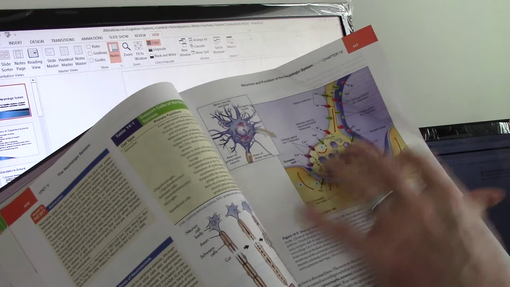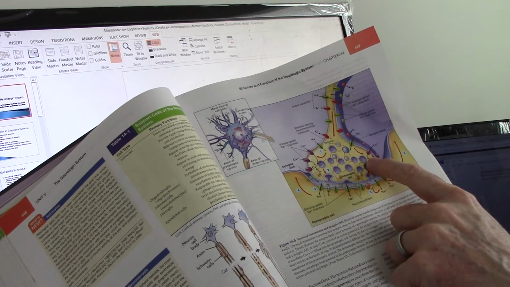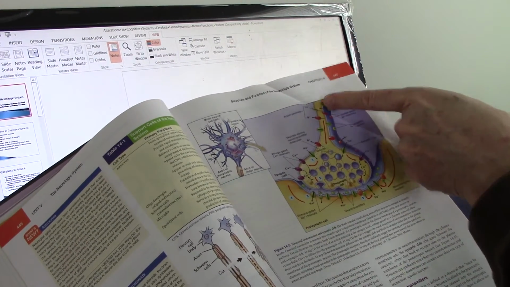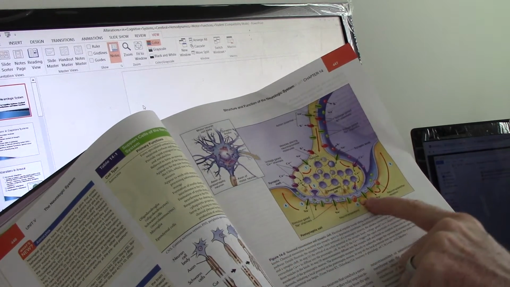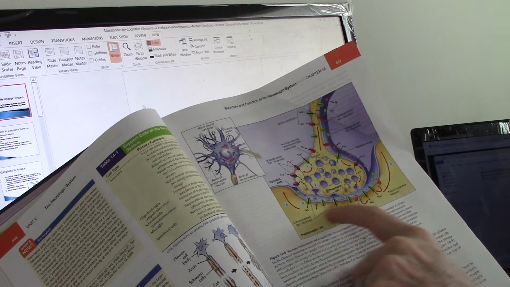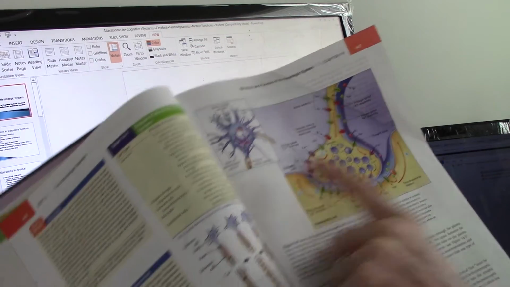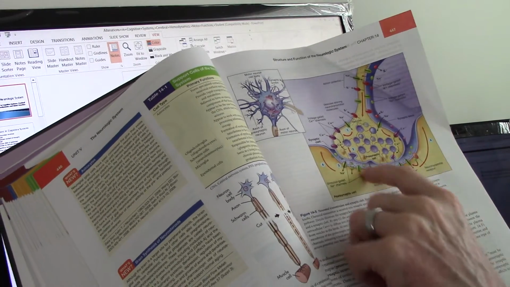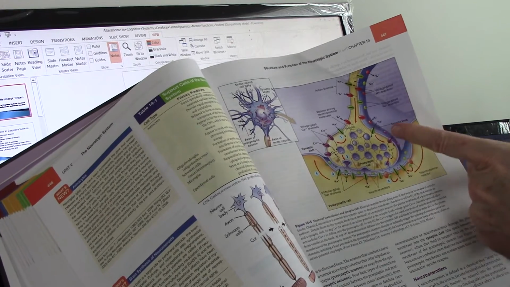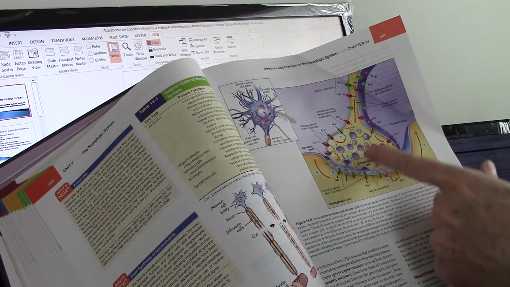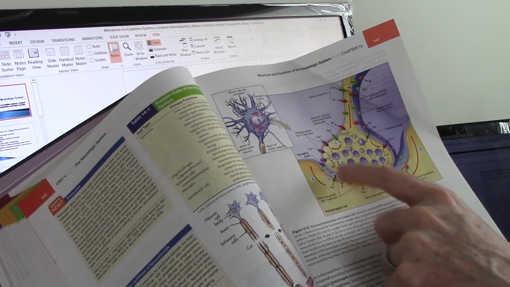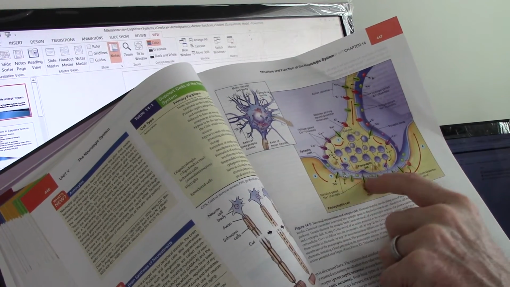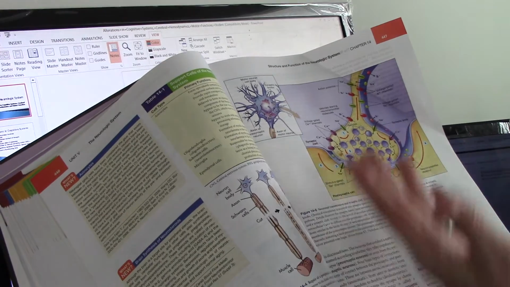Now here's a really great model. It goes into a little bit of detail, but it shows you, again, here's the axon, there's the terminal, and in this case here is a muscle, okay? This shows you how these vesicles open up, and the material in the vesicle, the neurotransmitter, goes across the synapse and connects to receptors on the other side.